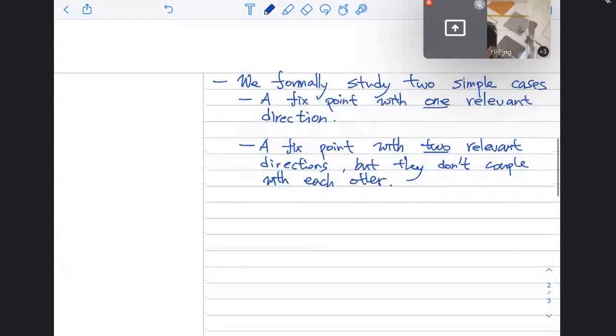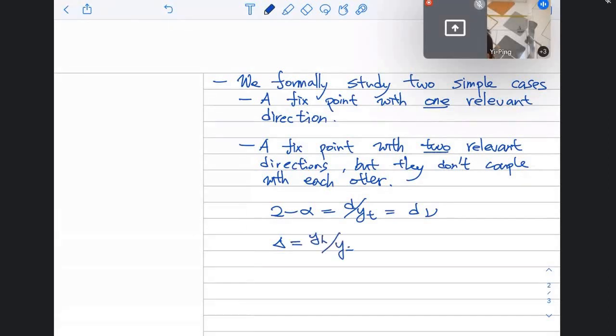From the last lecture, we found some relation, at least in these simple cases, which is related to the two relevant directions, YH and YT.